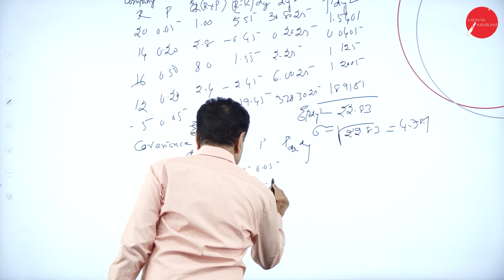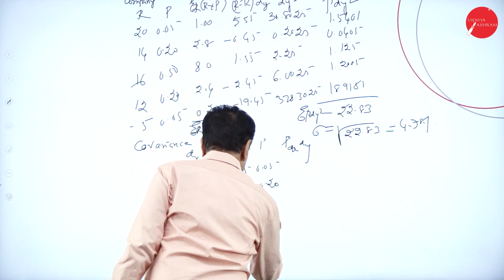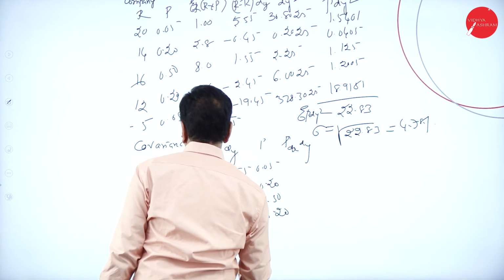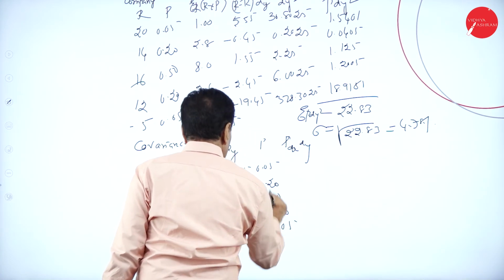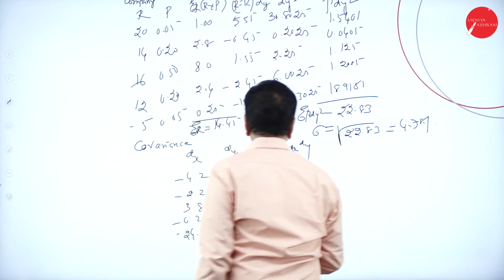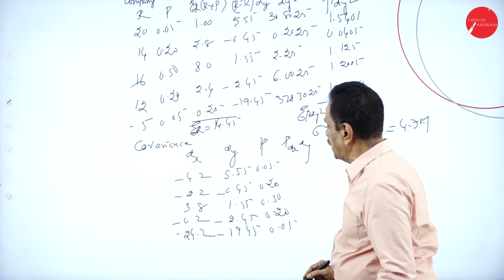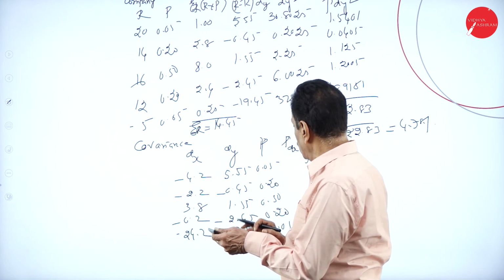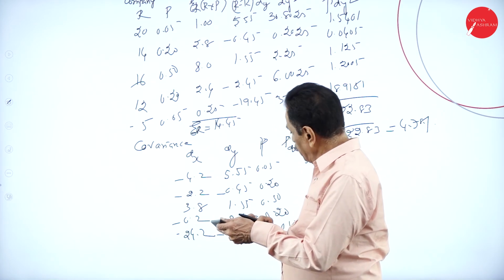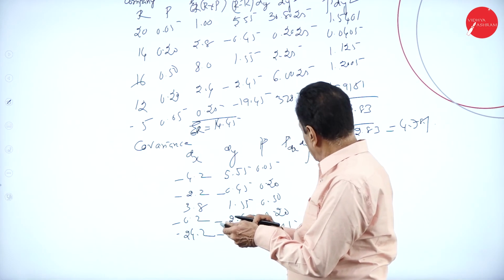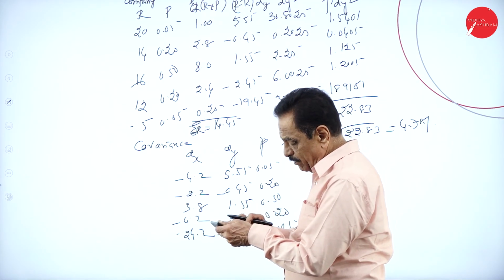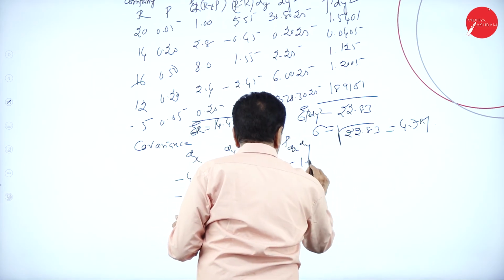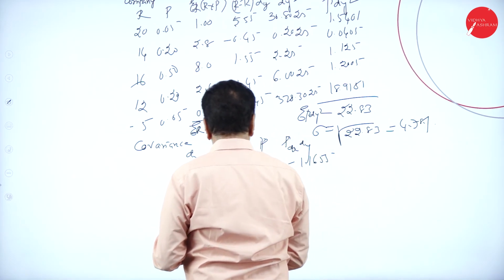Your probability: 0.05, 0.20, 0.50, 0.20, 0.05, multiplied by probability. Then P of dx into dy. This is 4.2 into 5.55 into 0.05, minus 1.1655.